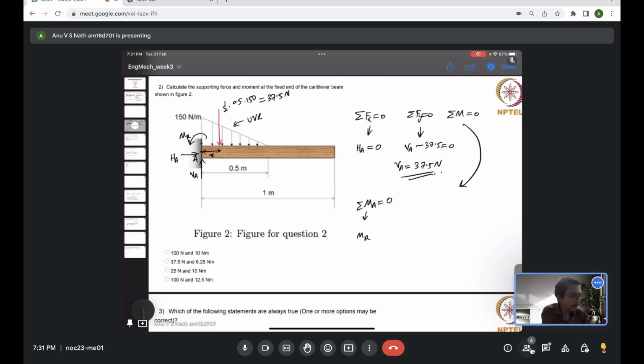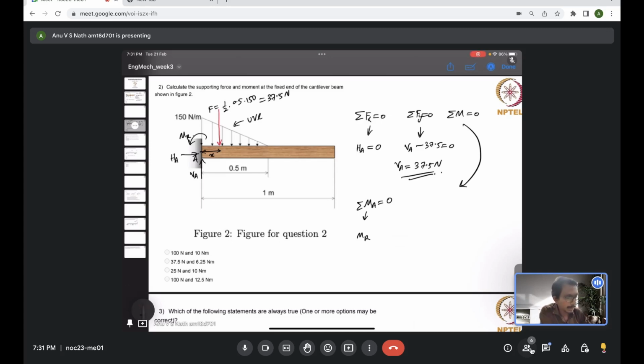So what I was saying is MR is acting there, and the resultant force due to UVL, let us call that F. We have evaluated that to be 37.5 Newton.